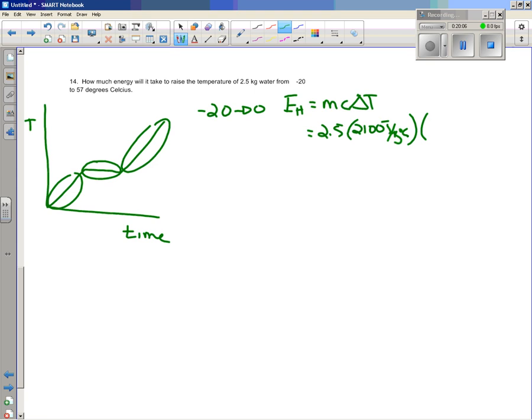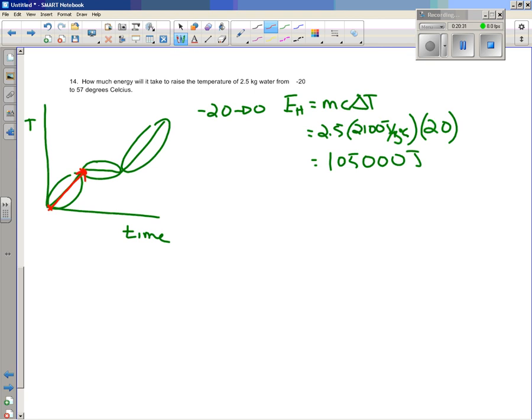And the change in temperature, negative 20 to 0, goes up 20 degrees, so positive 20 degrees. 2.5 times 2100 times 20 gives me 105,000 joules of energy. That just gets me to here. That's what I've done so far. I've gone from there to there.